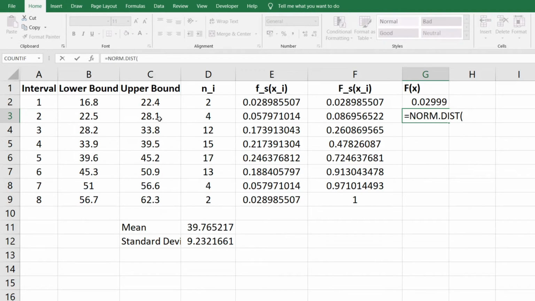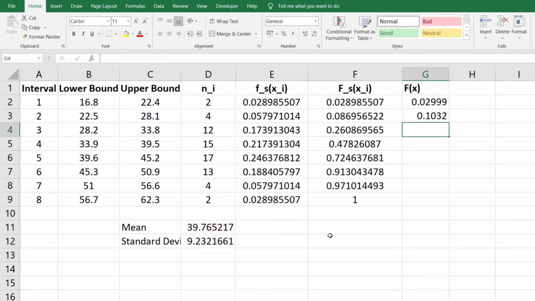X is the upper bound, that is 28.1, and then comma, the mean, comma, the standard deviation, and then cumulative is true, and then enter. So yan na yung kanyang probability, the probability less than 28.1.